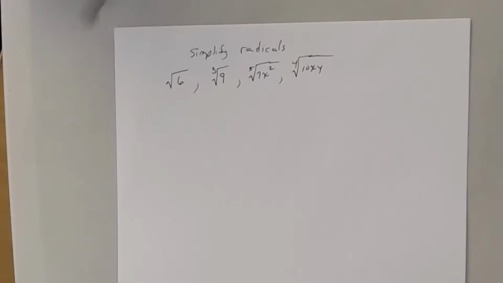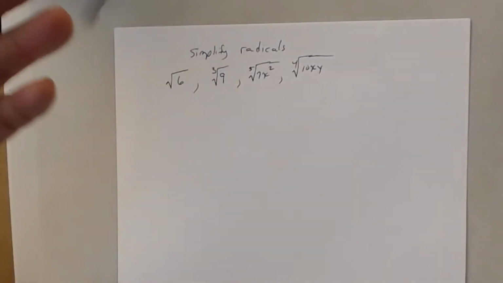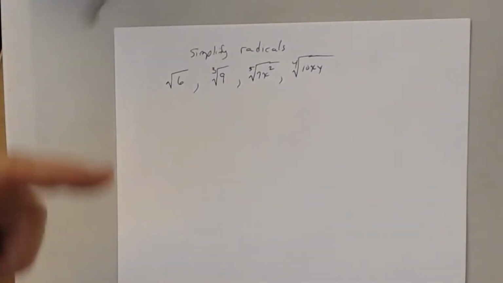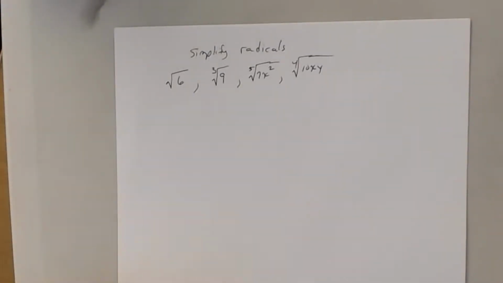Now what made them radical expressions, what made them radicals was the square root, cube root, 5th root, 4th root. That's what made those radicals. Now, when talking about radicals, it's important you know which one's the index.